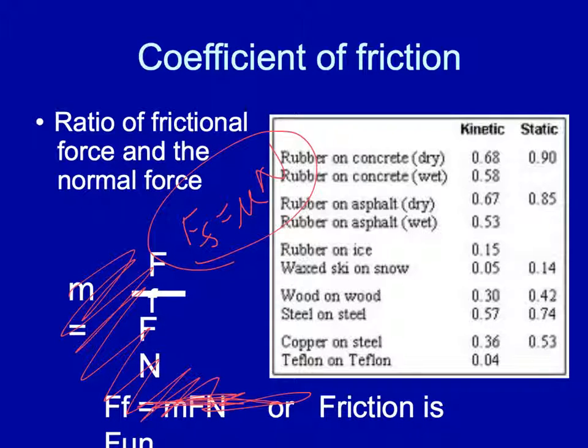It's simply a ratio of the force of friction to the normal force. So if you rewrite it, you get mu is equal to the force of friction divided by the normal force. Now, we have a couple labs coming up on this, but I wanted to introduce it before we do the labs. And notice how the static friction is always greater than the kinetic friction. Just remember, friction is fun, and you'll remember the equation.